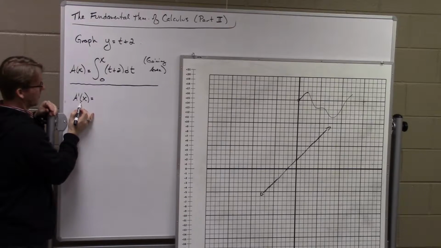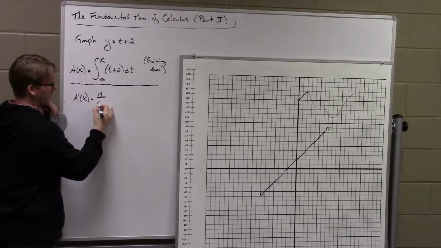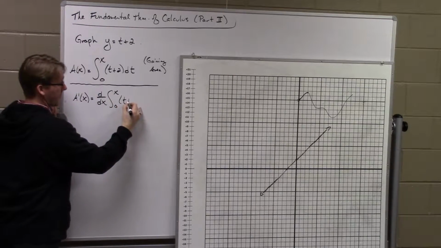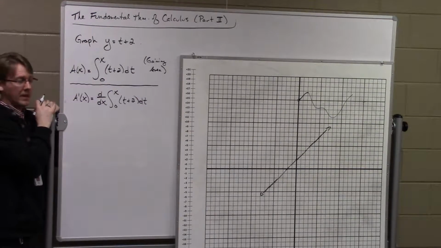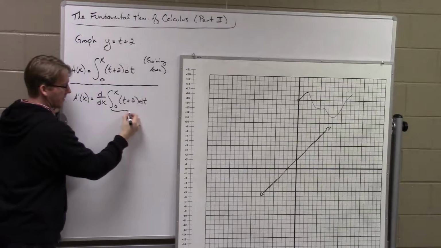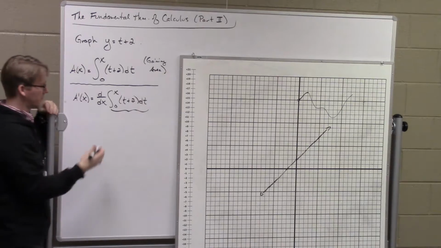Okay, if I'm gonna take the derivative of the left-hand side, derivative of A of x, I'm gonna need to balance that by taking the derivative of the right-hand side. Okay, so let's do the math. Before I can take the derivative, I need to actually have this turn into a usable function, okay?